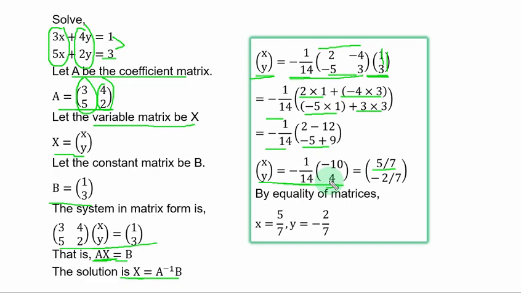You have minus 4 over 14, and that reduces to minus 2 over 7. By equality of matrices, x is equal to 5 over 7, this variable x equal to this entry, and y is equal to minus 2 over 7, the second entry.